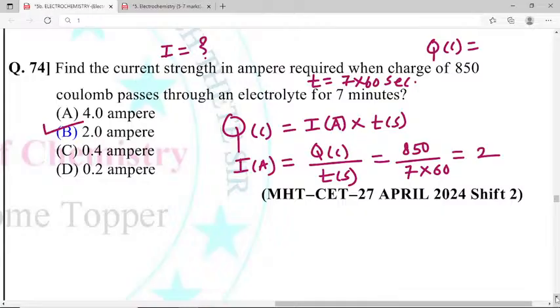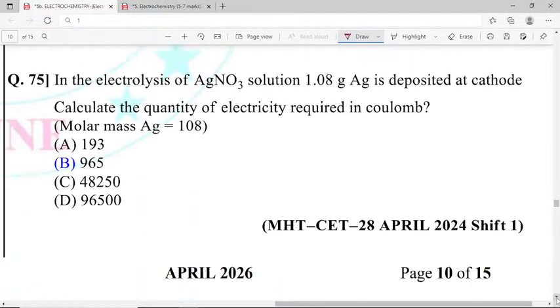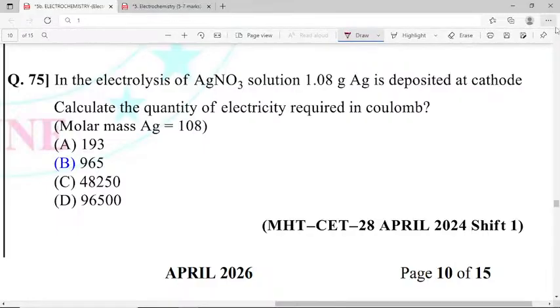The first 0 gets cancelled. 7 6s are 56. 85 divided by 56, so this is 2 actually.